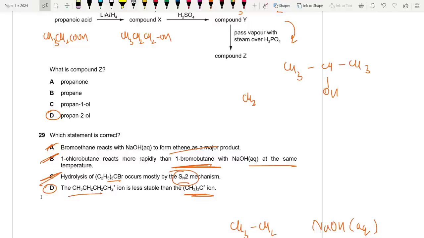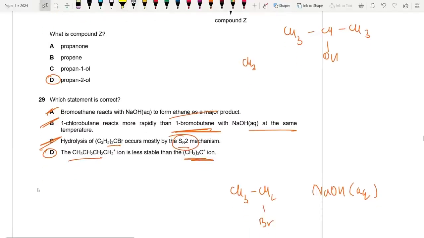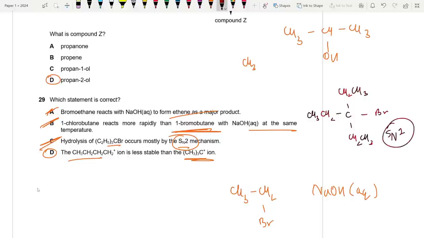Hydrolysis of this compound, look at this compound, CH3, CH2, CH2, CH3, okay. So this is a tertiary halogenoalkane. So it will prefer the SN1 mechanism because the carbocation is very stable. So this is also false.